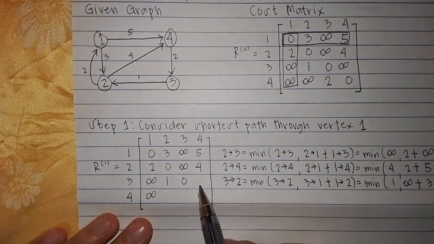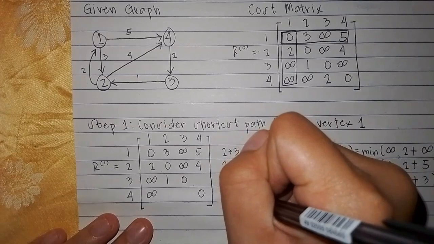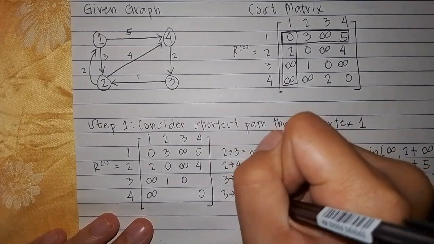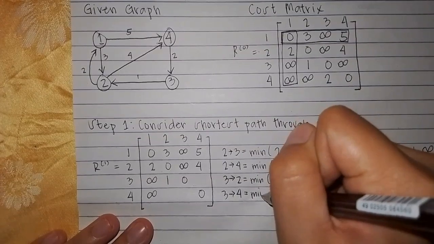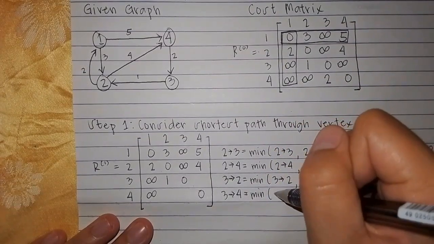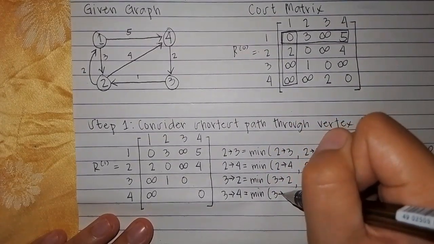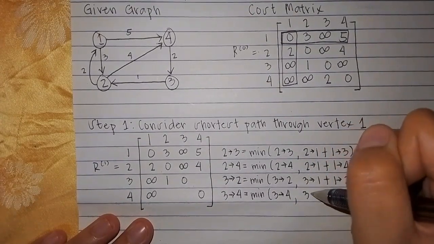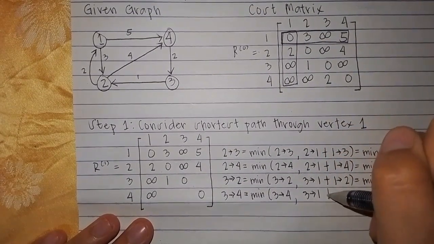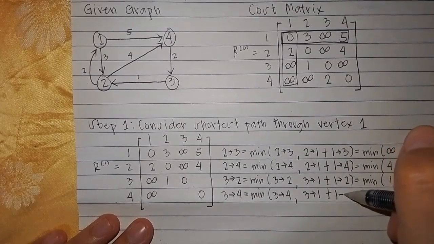Then 3 to 4. The minimum of 3 to 4 through the vertex of 1. 3 to 1 plus 1 to 4.